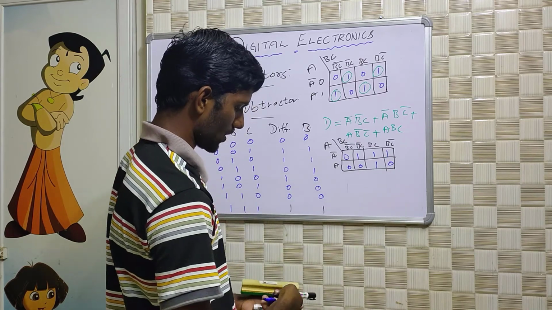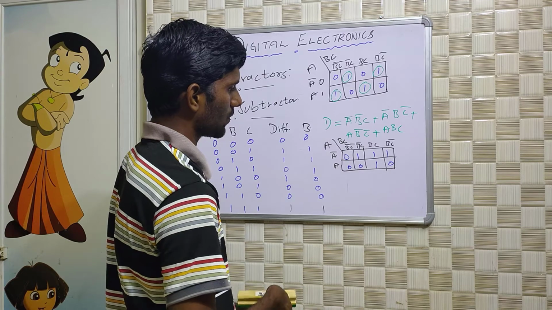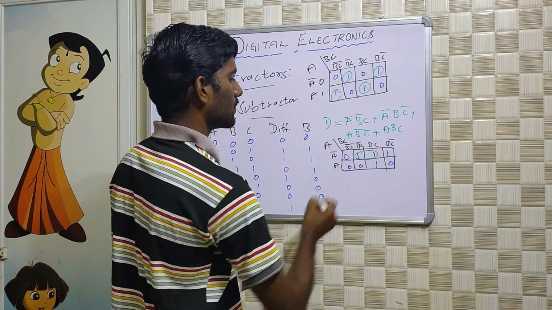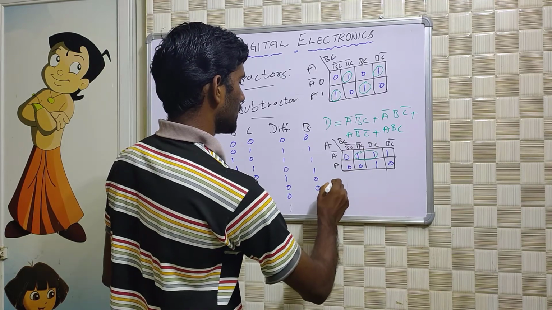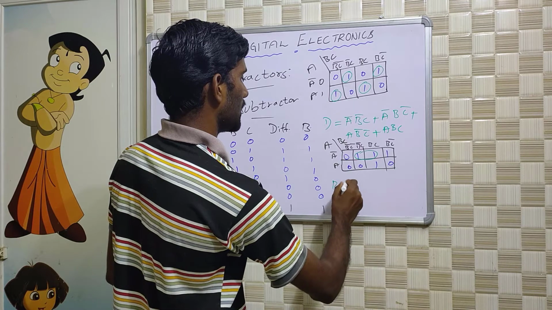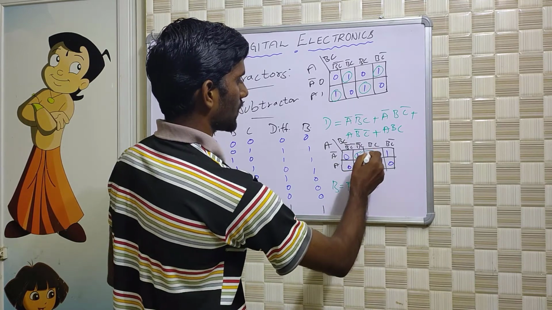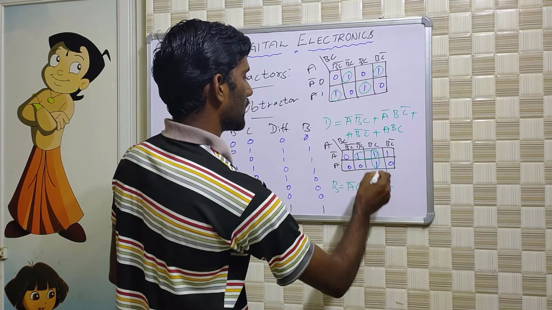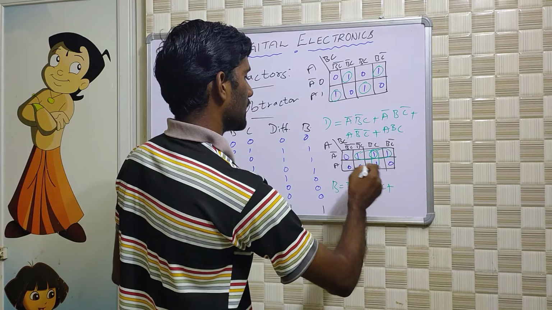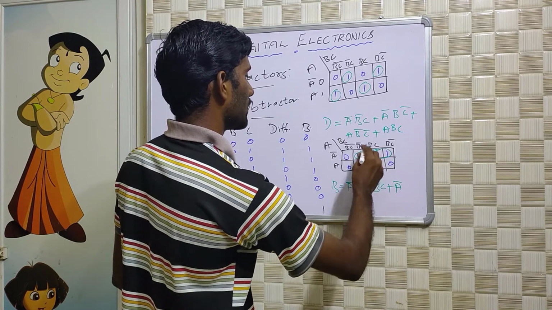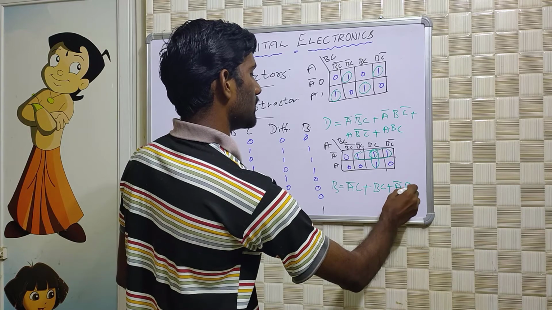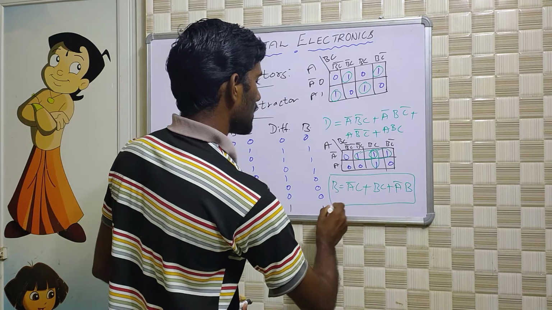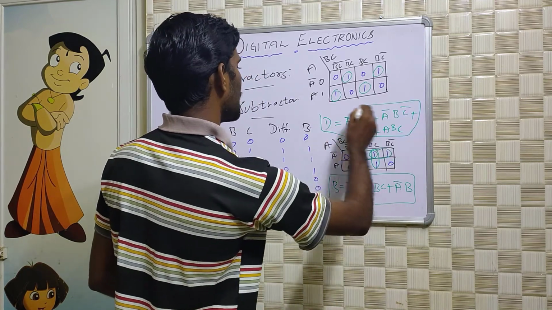So here there are chances for mapping because there are adjacent cells. So we can map these two, then it will be A bar C, plus, similarly we can map these two, then it will be B C, plus, similarly we can map these two, then it will become A bar B. Right? So this is the equation for borrow as well as the equation for difference.